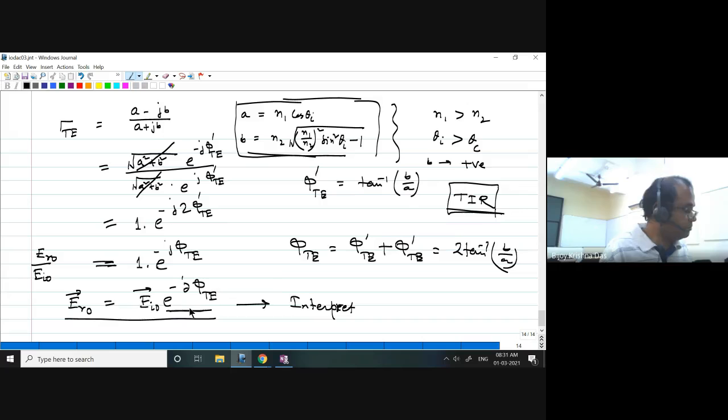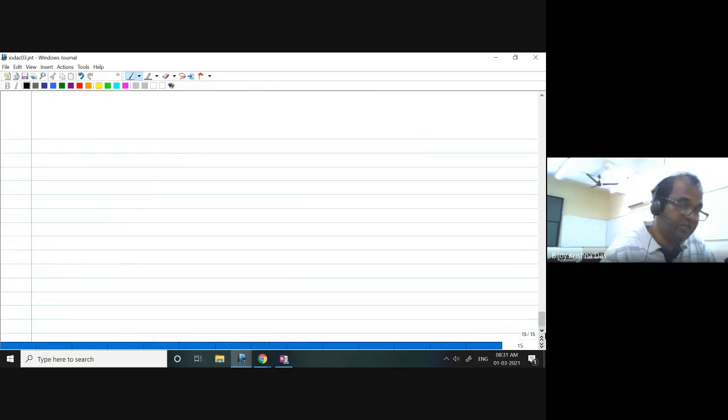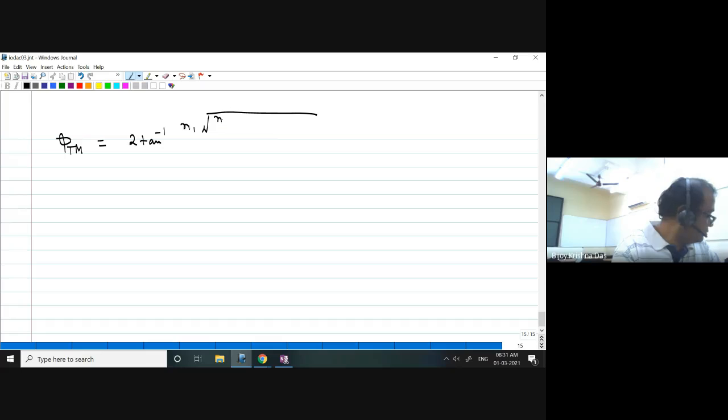Okay, in the same fashion, if I give you a home task, you will be able to find that for TM polarization, this phi TM will be equal to 2 times tan inverse of N1 by N2 square root of (N1 by N2) square sine square theta I minus 1, divided by N2 cos theta I. Okay, so I have just written B and A. Phi t also, similarly, we should write phi t equal to 2 times tan inverse B by A. What is that?